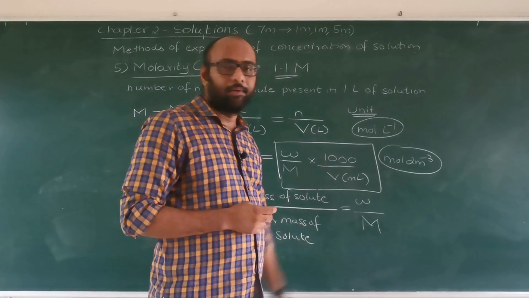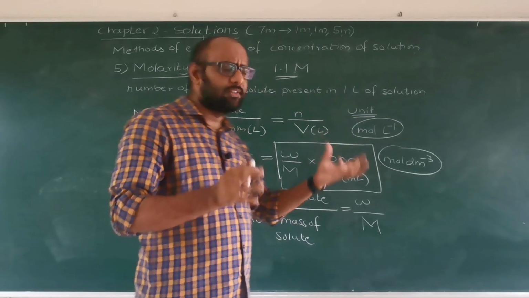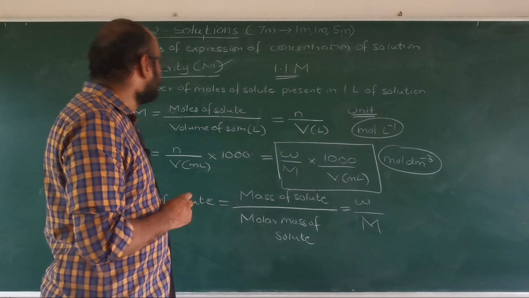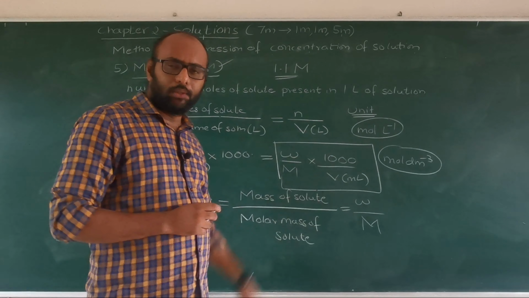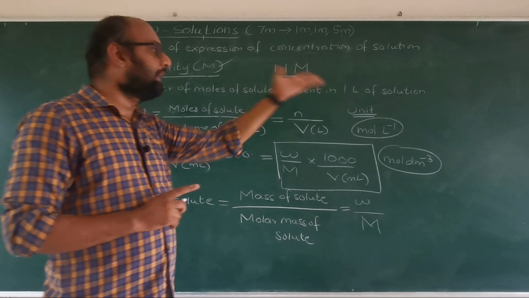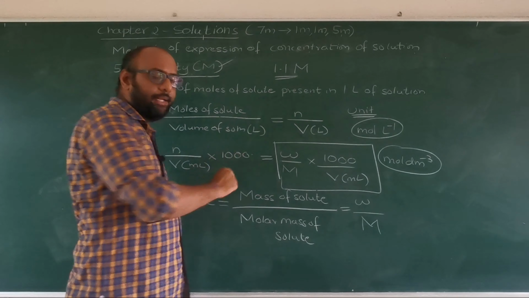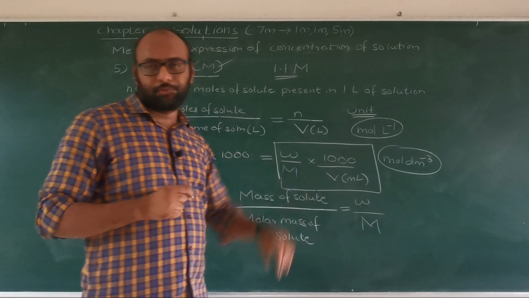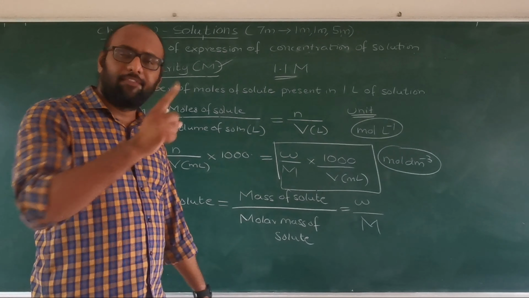But instead of complicating things, just use capital M. It is enough. So this is molarity. Molarity means number of moles of solute present in 1 liter of the solution. This is the formula of molarity if the volume is expressed in liters, and this is the formula if the volume of the solution is expressed in ml.